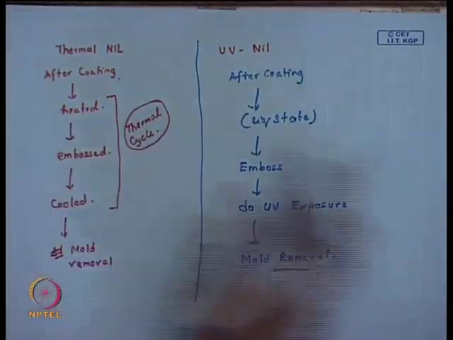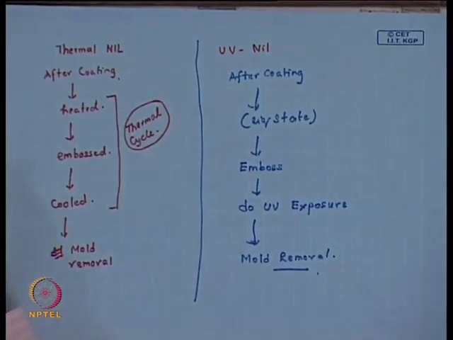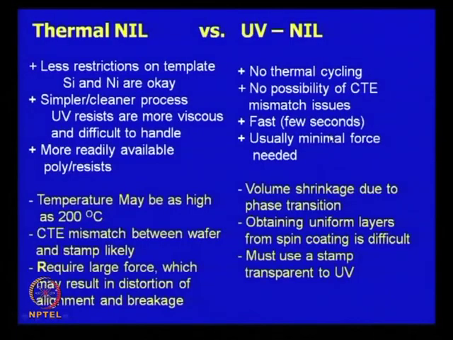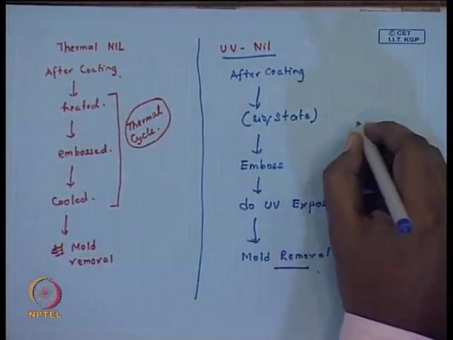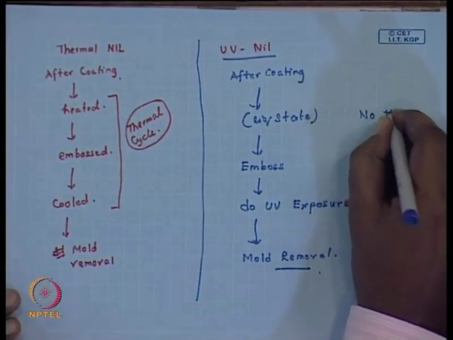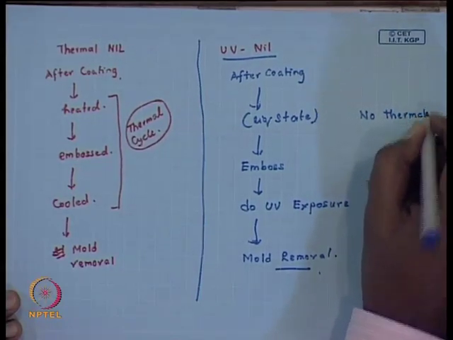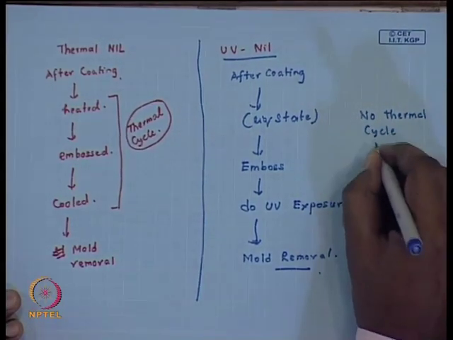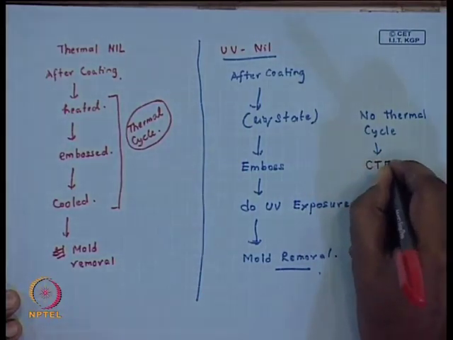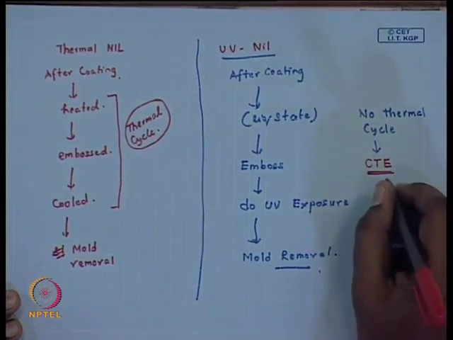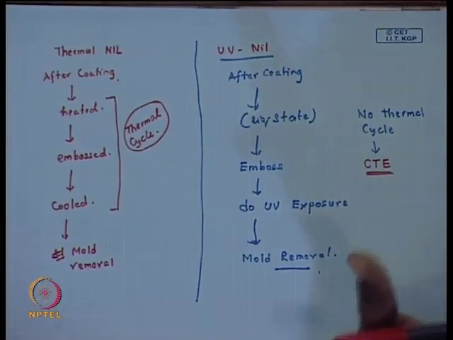But of course, we have talked already, it has its own problems with material issues and things like that. Of course, since you do not have the thermal cycle, the coefficient of thermal expansion and its mismatch between the polymer and the expansion of the mold or the stamp material, this is what we are talking about, the CTE mismatch.